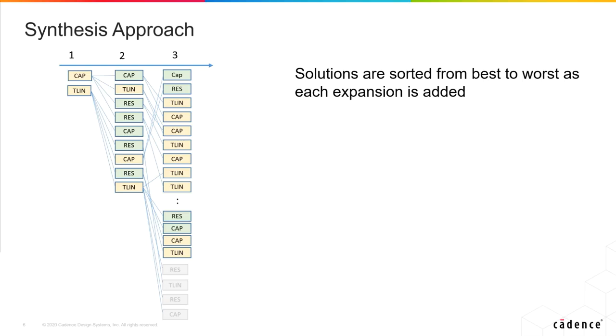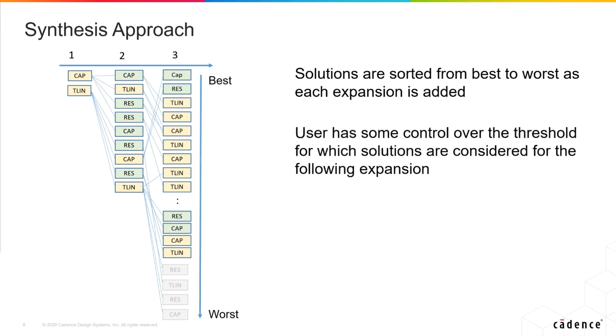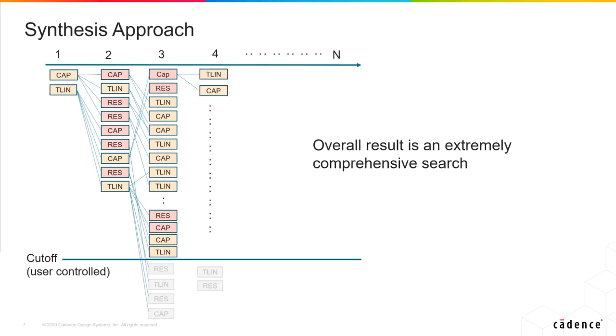And so at each stage, we simply sort the solutions from best to worst for each expansion. And we do give the user control over the threshold for which solutions are considered to push into the next search expansion. And that allows the classic trade-off between search speed and overall search depth.